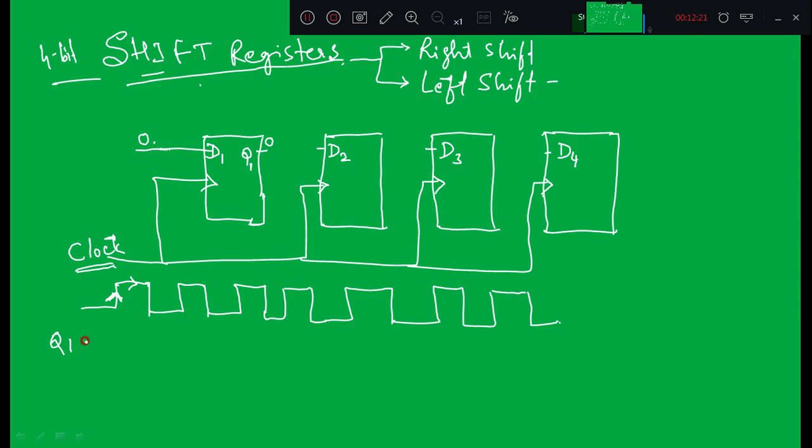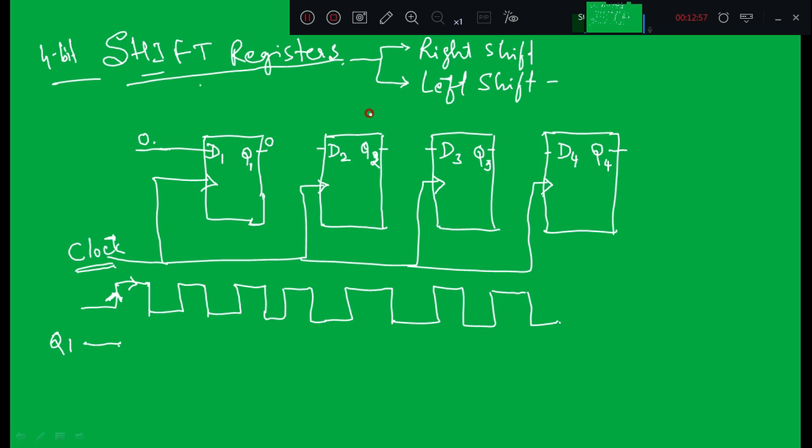When I apply the first clock pulse, Q1 is equal to 0. What about Q2, Q3, Q4? They remain in their previous states because I am not applying anything to their corresponding D's, D2, D3 and D4.